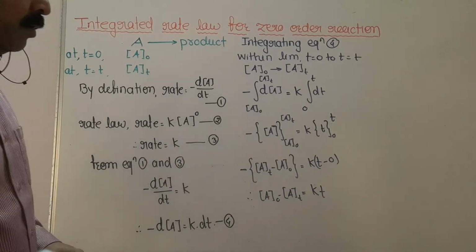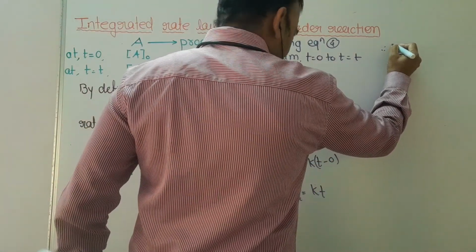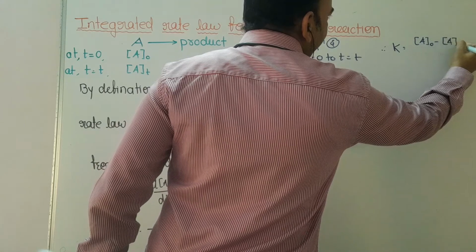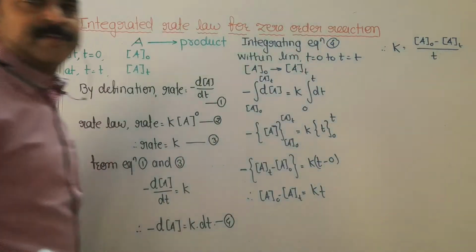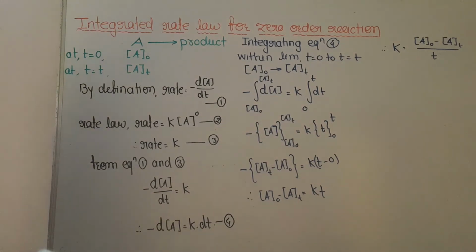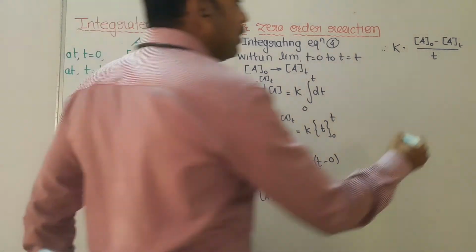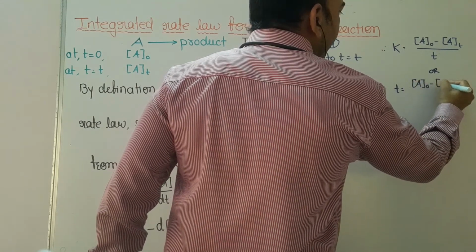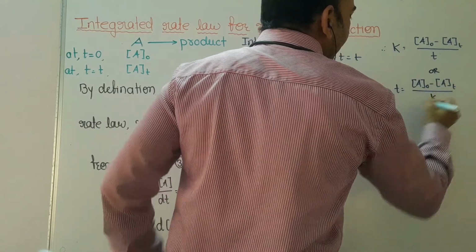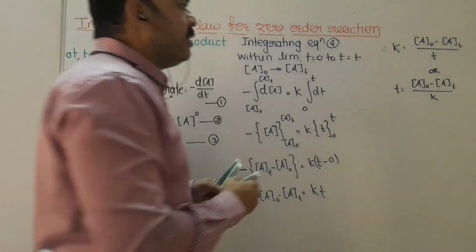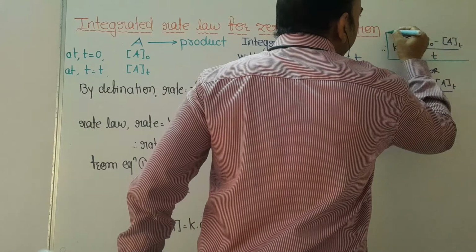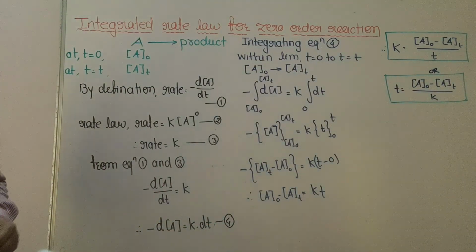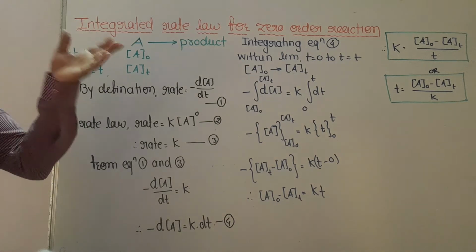Therefore k equals A0 minus At divided by t, or that can be written as t equals A0 minus At divided by k, where k is the integrated rate constant for zero order reaction and t is the time required for the reaction.